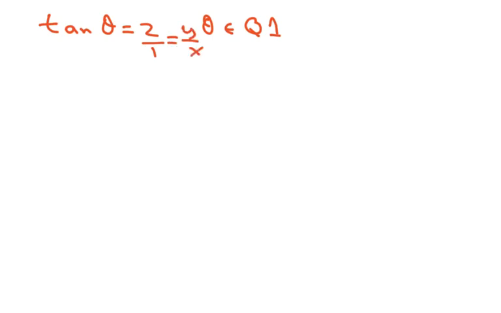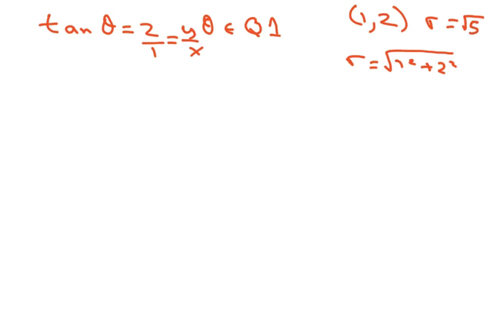Our x is 1, our y is 2. Everything's positive in quadrant 1. So our r is just the square root of 1 squared plus 2 squared. R is always positive, so r is the square root of 5.